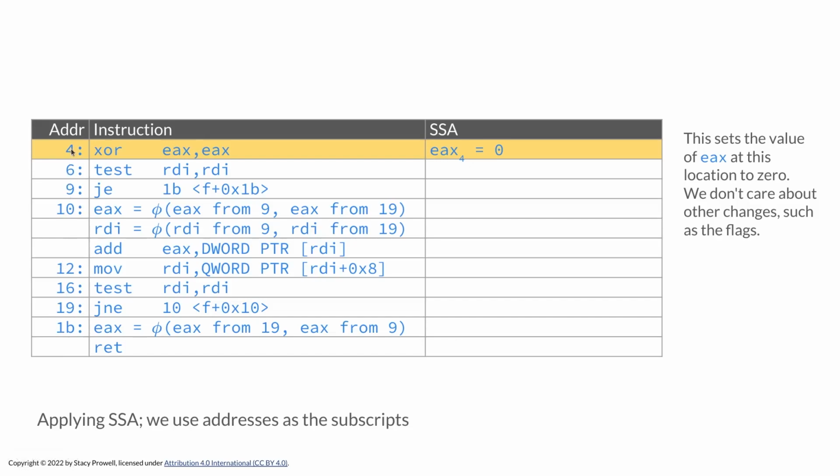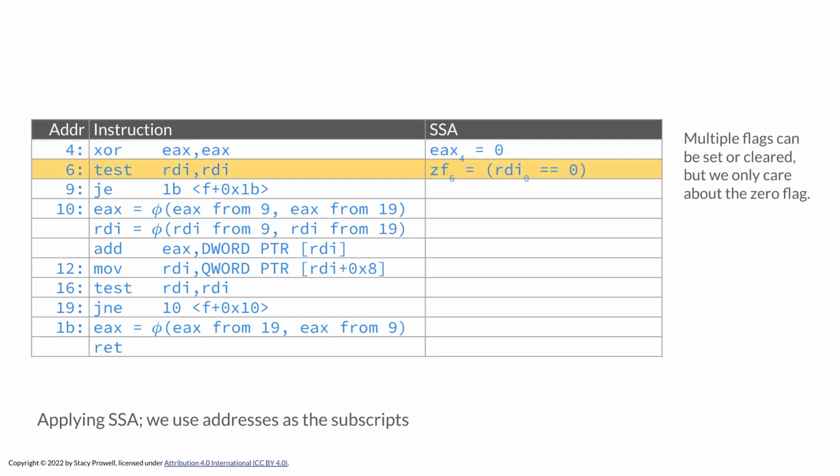It's just convenient to do so. So when I say XOR EAX with itself, that tells me that after the instruction at address 4 completes, EAX sub 4 is 0. I don't have an EAX sub 3 or 2 or 1, so don't be confused. This just tells me that EAX sub 4 is going to be 0.